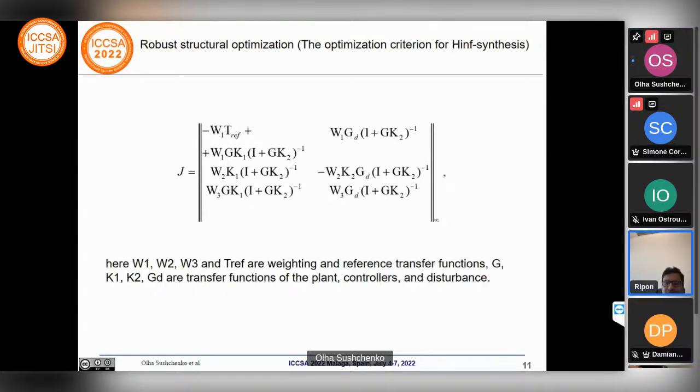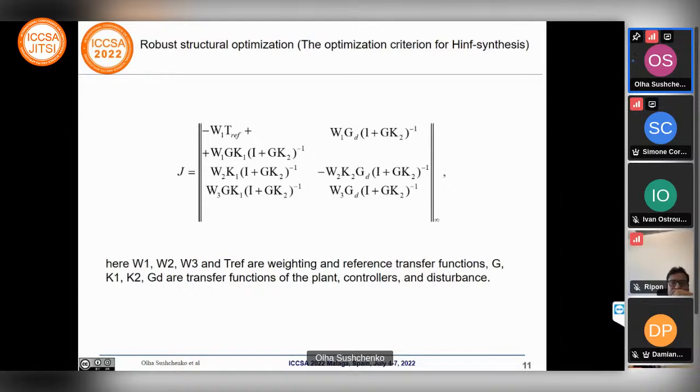It's known that research of a compromise in this situation can be achieved by the usage of functions of mixed sensitivity. Such a criterion is called a criterion based on mixed sensitivity. And we use here not weighting coefficients, but weighting transfer functions.